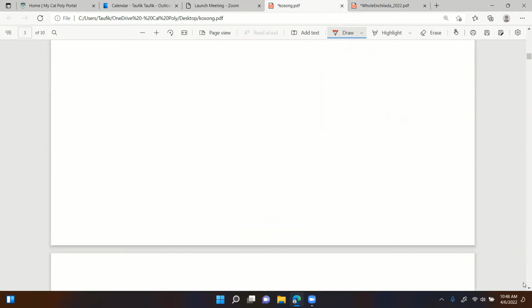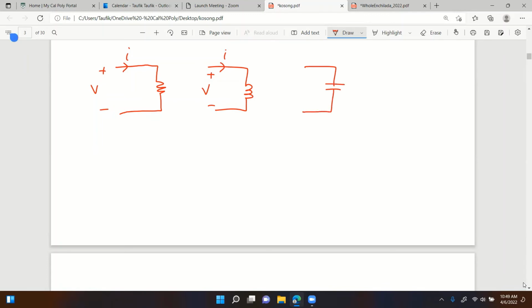Let's say I have a pure resistor load like this, voltage, current, right? And I have a pure inductive load, pure inductor, V and I. And I have a pure capacitor.